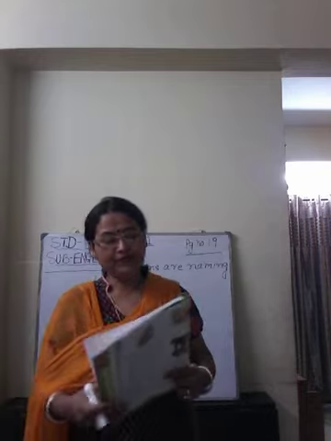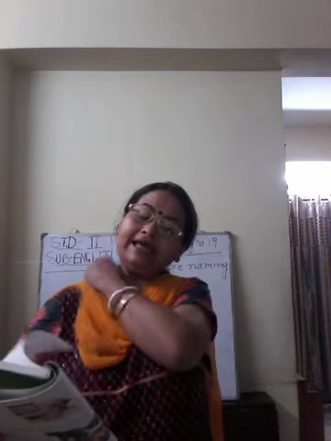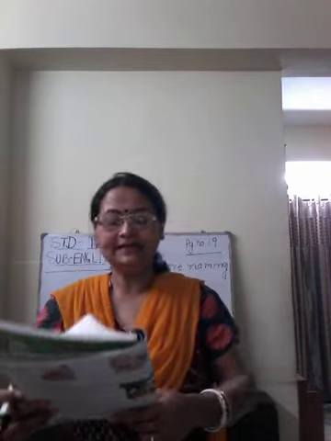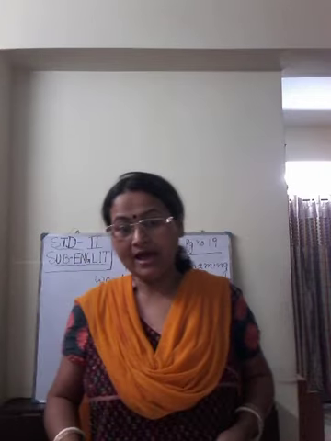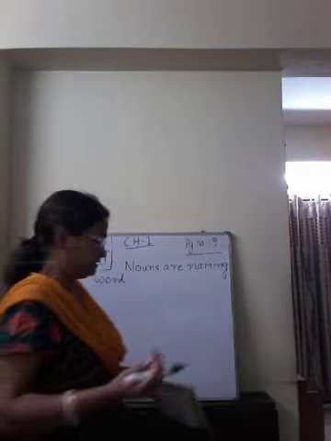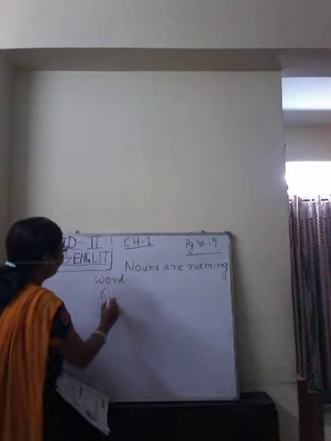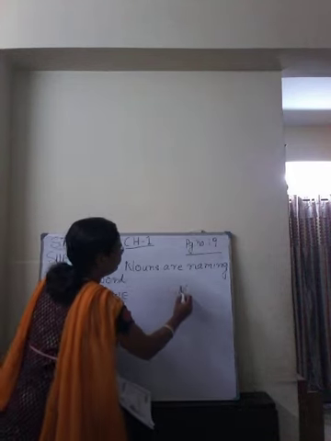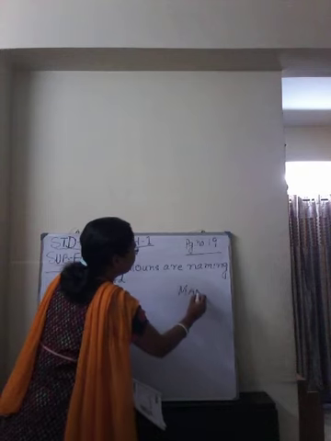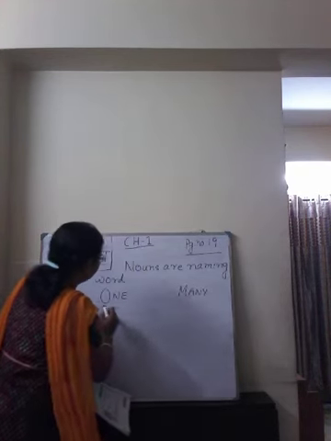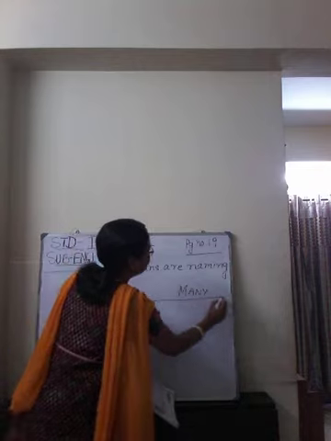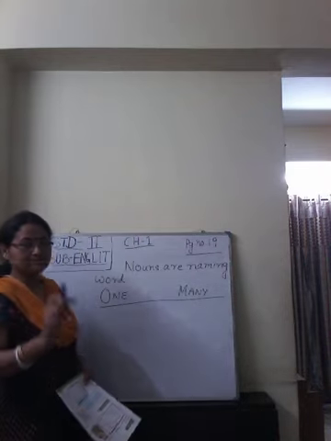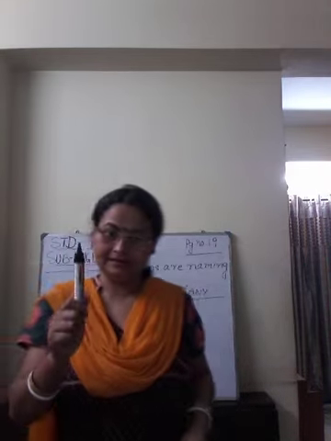Now we will go to one and many in this exercise. So one and many means what? It is also known to you. One. This side we will write many. Okay. One and many. Suppose I have a pen.